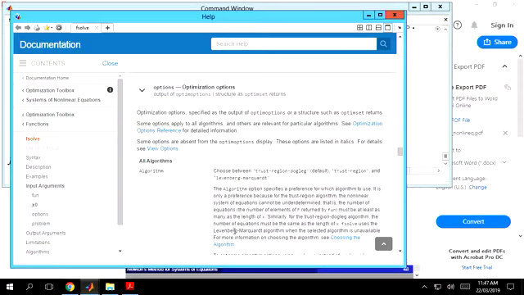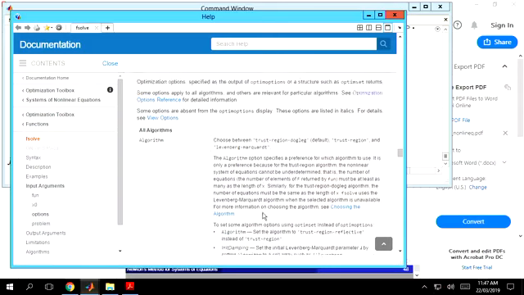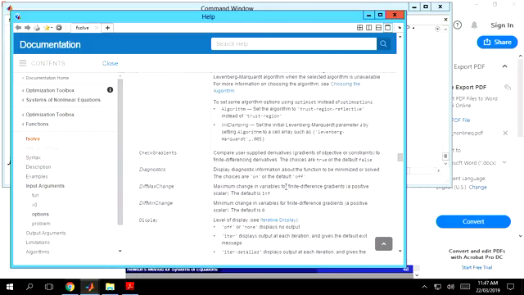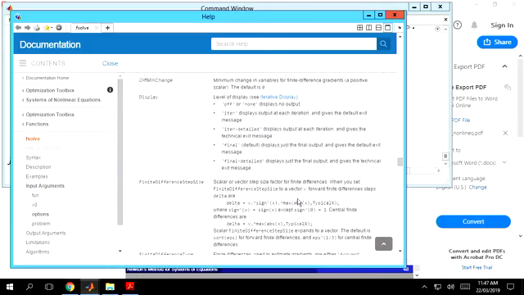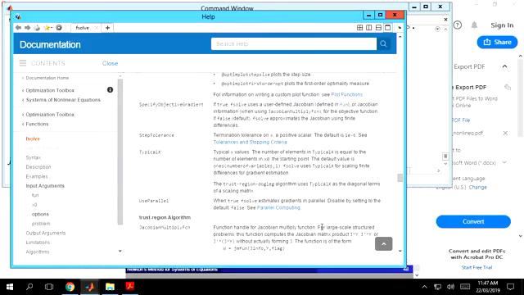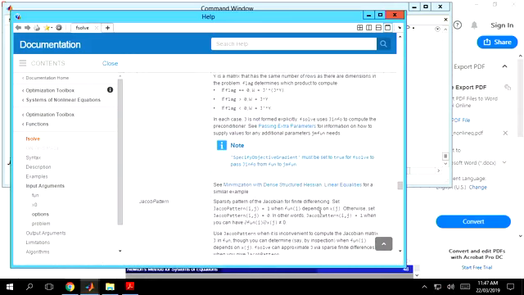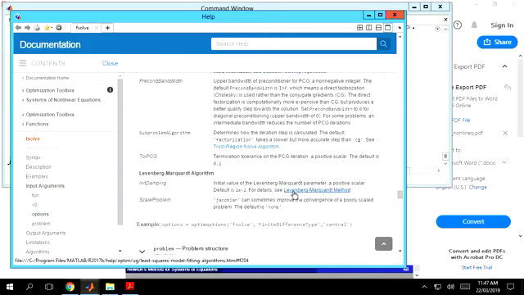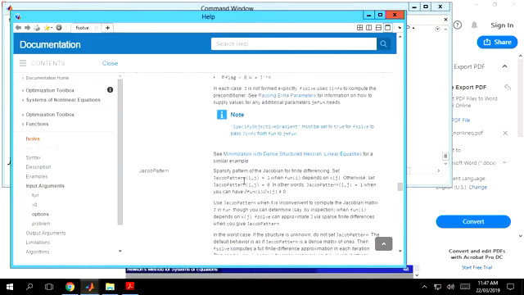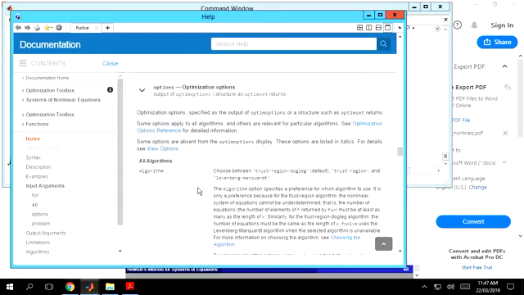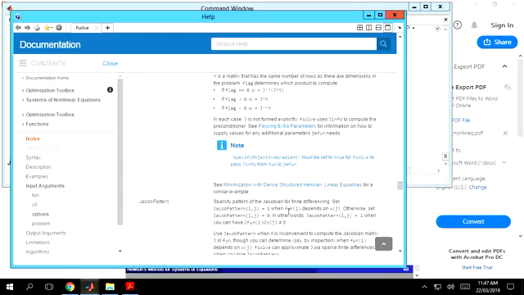Let's use the Levenberg-Marquardt algorithm. I think they use a modified version of Newton method, okay? Because it still needs a Jacobian.